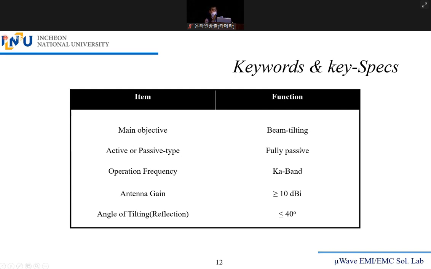Beam tilting doesn't occur by the feeding structure. Actually, the beam tilting should be done by the reflecting surface. That's the difference between the legacy repeater antenna developers and RIS pursuers.